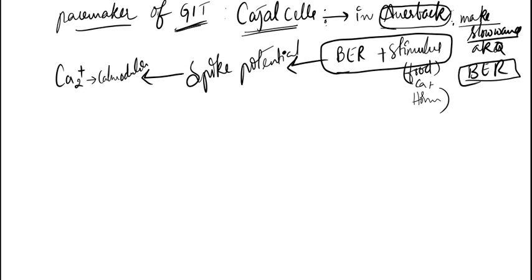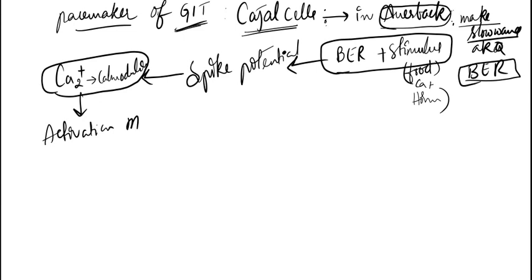So when calcium binds to calmodulin, it leads to activation of myosin light chain kinase. You can call it by the shortcut MLCK. It activates myosin light chain kinase.